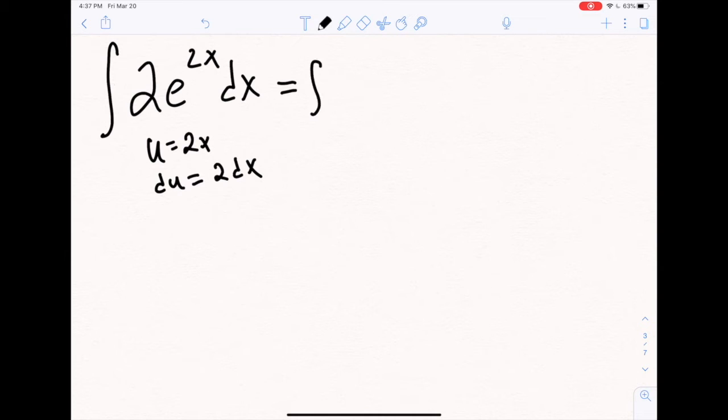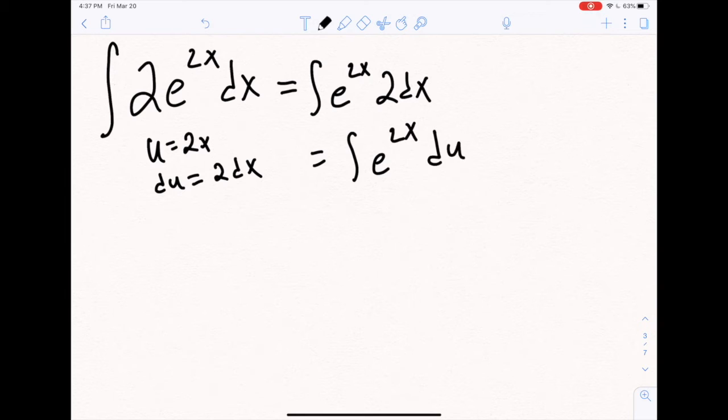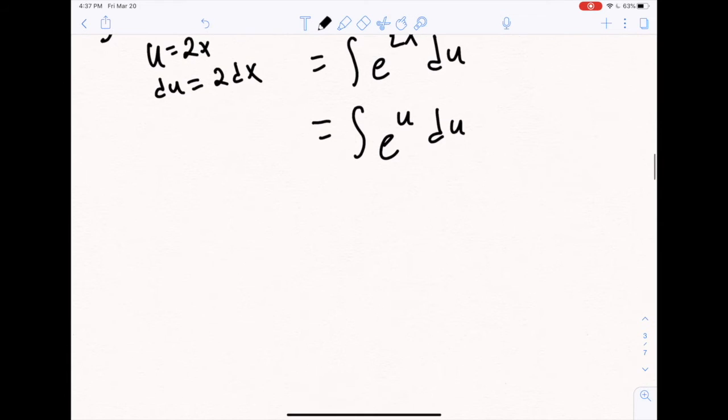So this integral is just the integral of e to the 2x times 2dx. So that's going to be the integral of e to the 2x times du. So that's just the integral of e to the u times du. And the integral of e to the u du is just e to the u plus a constant c. And remember, u is 2x, so we get e to the 2x plus c.